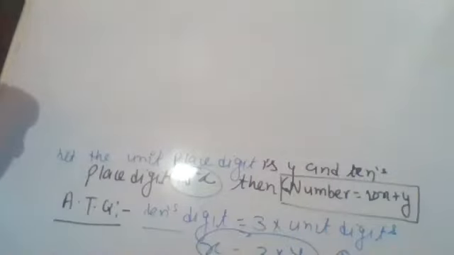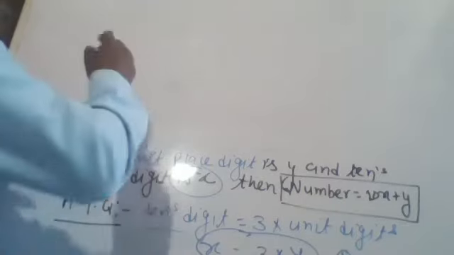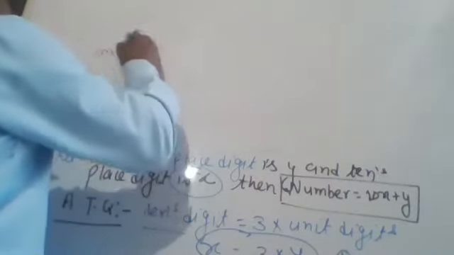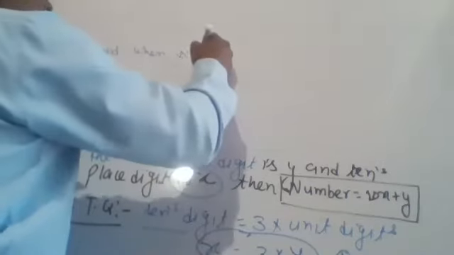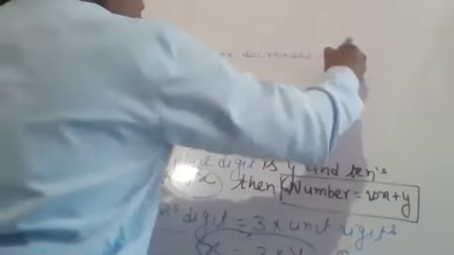The second statement gives us the second equation in two variables. Just see what the second statement was: when the number is decreased by 54, then the digits are reversed.